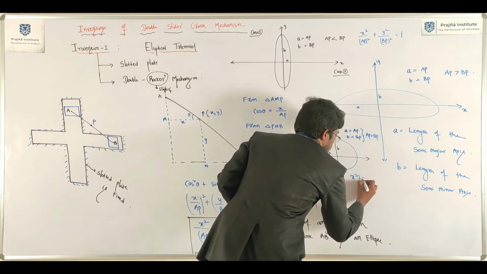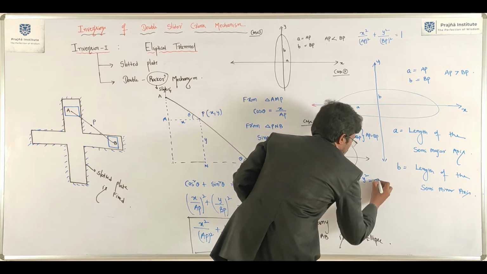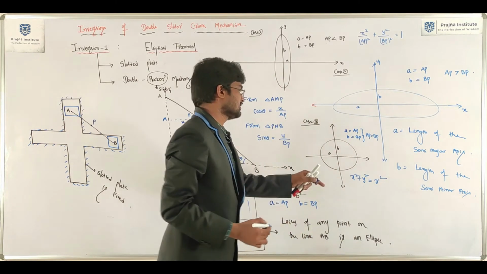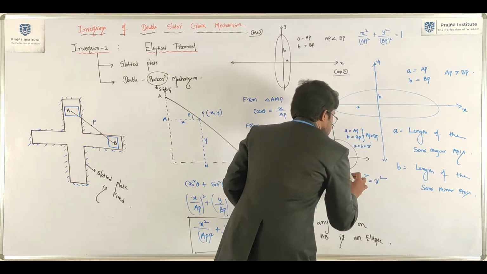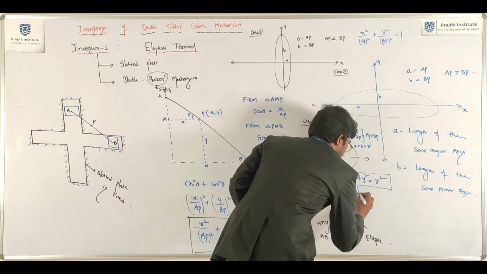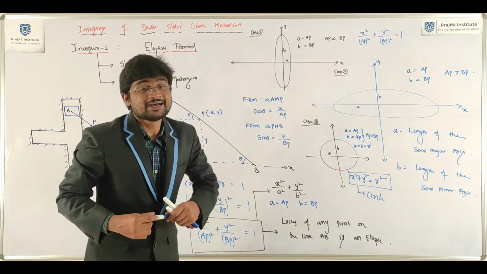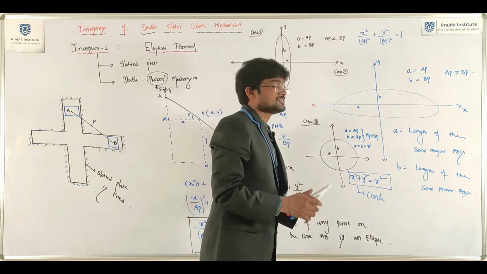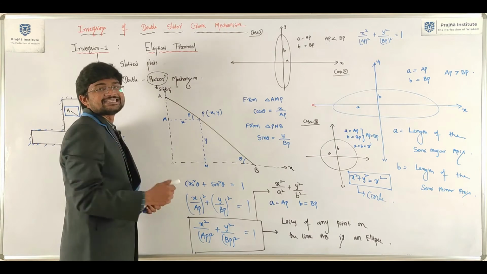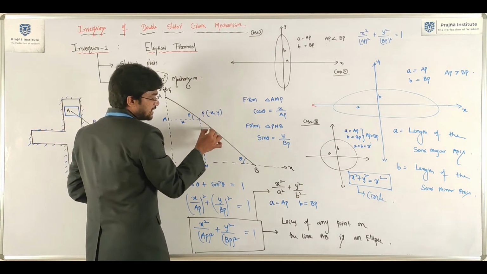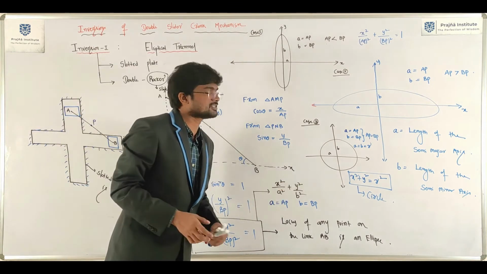So x square plus y square is equal to r square, where r equals a equals b. So it is representing a circle. You can draw a circle by using the elliptical trammel. If you keep a pencil or marker exactly at the midpoint of the link AB, you can happily draw the circle.